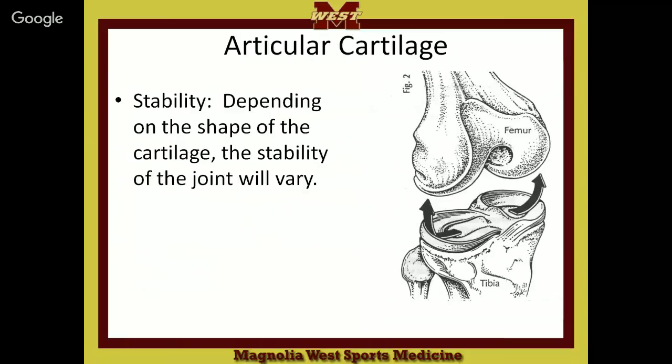One is O and one is C shaped. It just sits on top of the tibia, and your femur fits down within it. Now, it's not showing the ligaments that also help hold that joint together. It doesn't show the synovial capsule or the joint capsule.